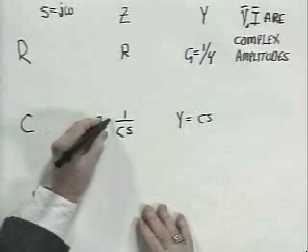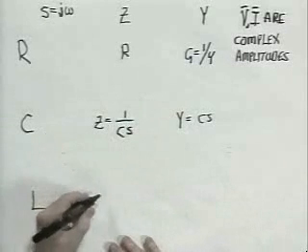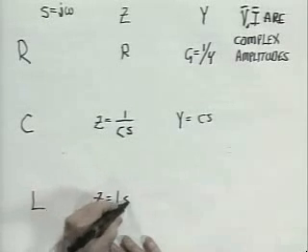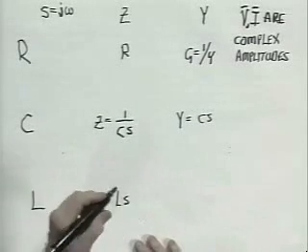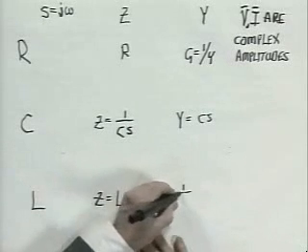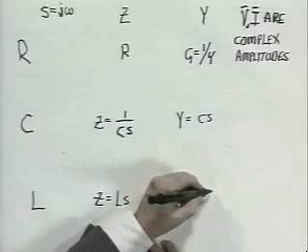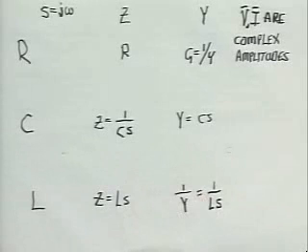Z equals 1 over CS. And for the inductor, the impedance is just LS, j omega L, and the corresponding admittance is 1 over LS.